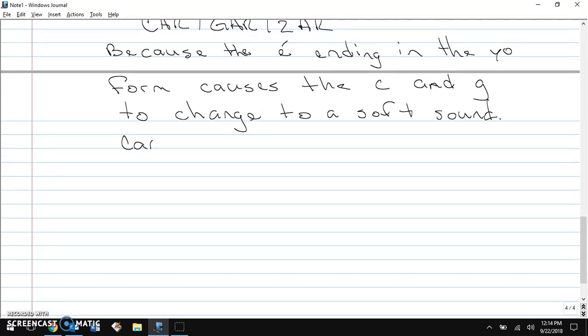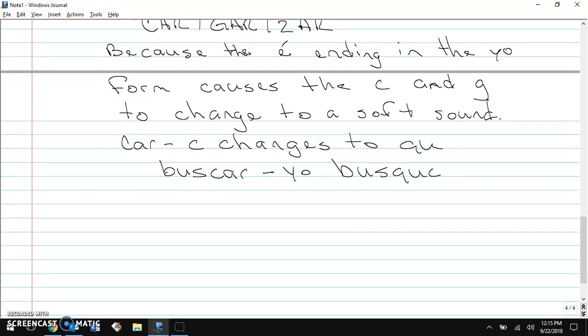With car, the c changes to qu. So buscar, yo form is busqué. Gar, the g changes to gu.